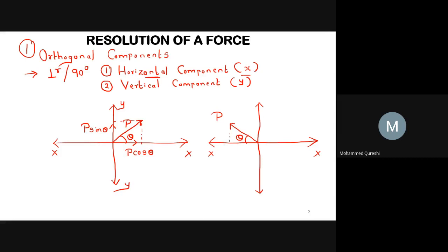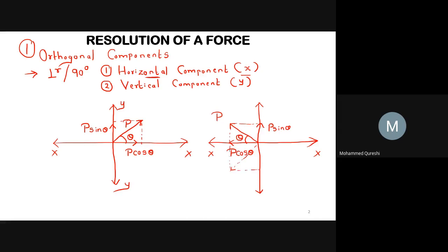So here there will be two components. First is horizontal, and the horizontal component makes the angle with the x-axis. So this will be your P cos theta, and here P sine theta.